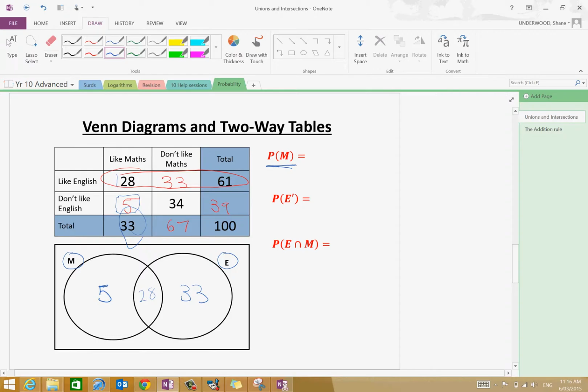And then you put the 34 on the outside. And then the total has to add up to 100. So there's 34 that don't like maths or English. So, what's the probability? Now this is the power of a Venn diagram.